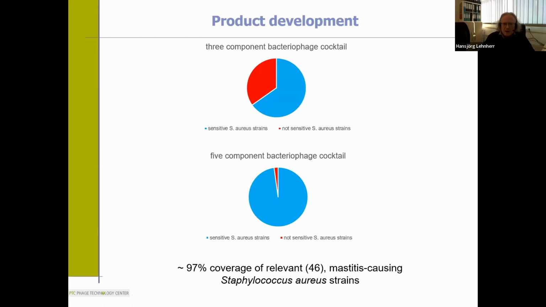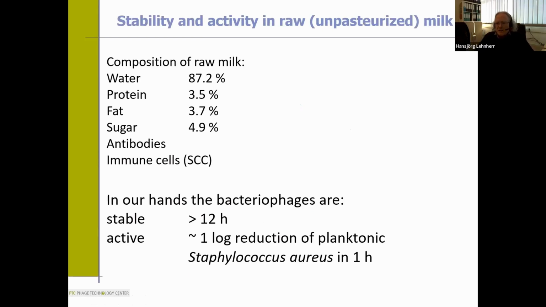So the next question we asked, are these phages stable and active in raw milk? Raw milk is really not the LB growth medium we use in the laboratory. It has fats and antibodies, and as you just heard, a lot of immune cells that could potentially inactivate a bacteriophage. And some people who tried to cure mastitis had troubles with this stability in milk.